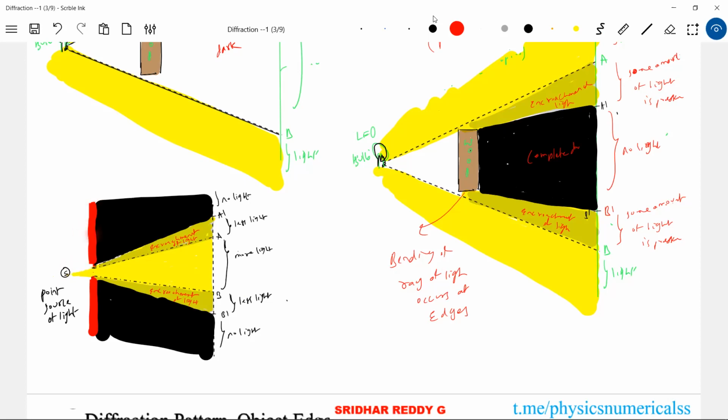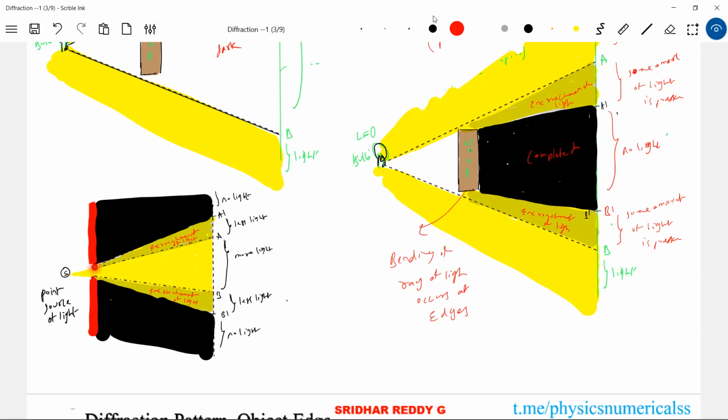This slit is made up of an opaque substance like wood, cardboard, or any other substance like metal, which will block the light. Here the hole is there, and through this open hole the light will pass and illuminate the screen. According to the theory, the light will spread, so we think that only in the region AB the screen should be illuminated.